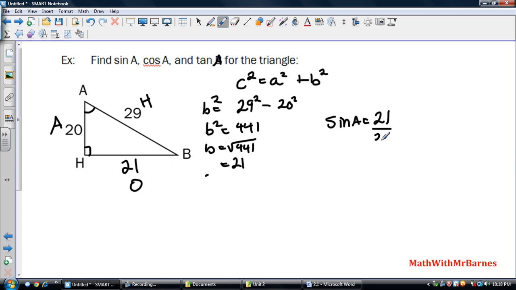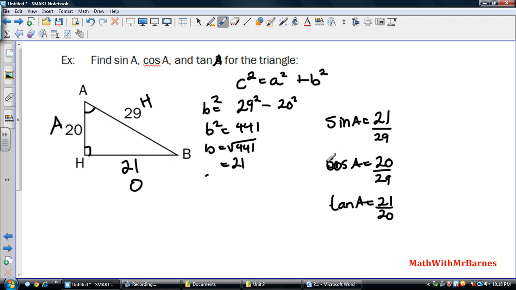It's 21 over 29. Cos of angle A is adjacent over hypotenuse, so 20 over 29. And then tan of A is opposite 21 over adjacent, so 21 over 20.